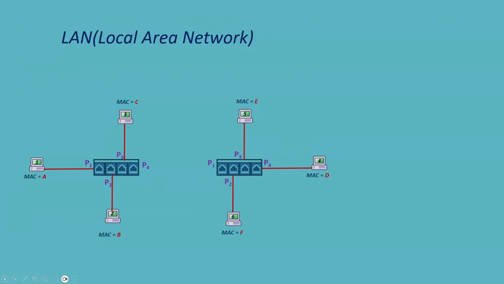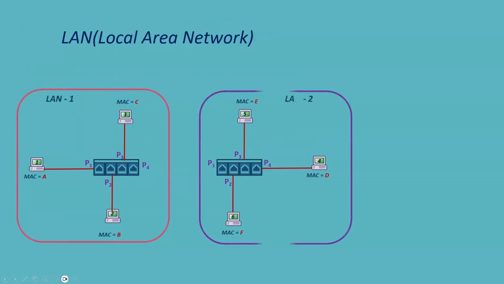And this becomes our LAN 1, and this other one can be our LAN 2, local area network 2. And this is what we will be calling a broadcast domain. Why do we call this a broadcast domain? So imagine that PC1 is sending a broadcast. What does it mean?